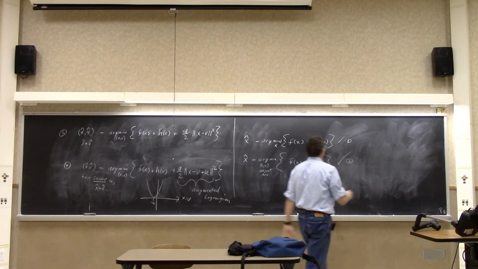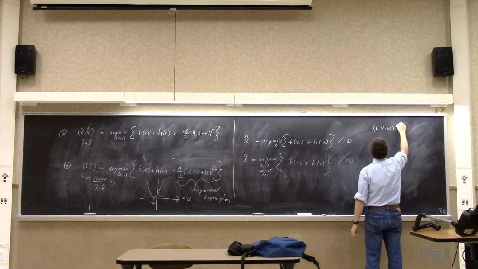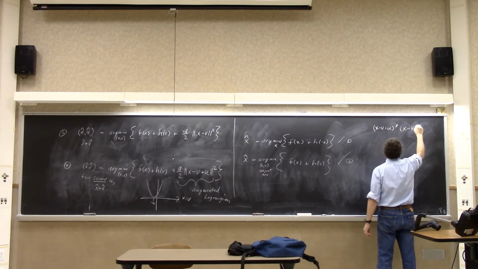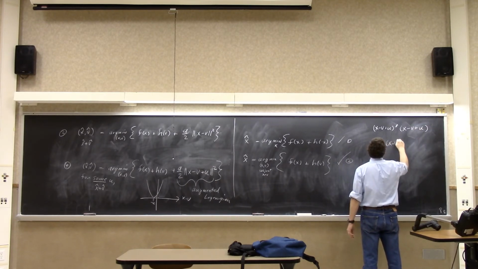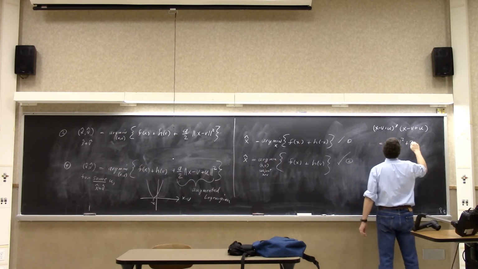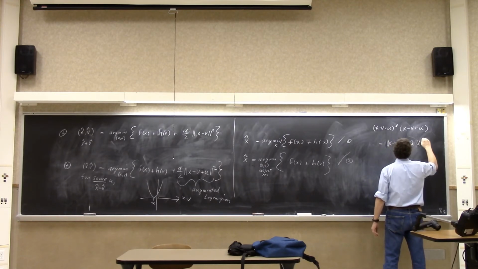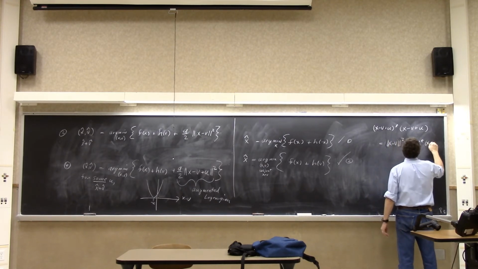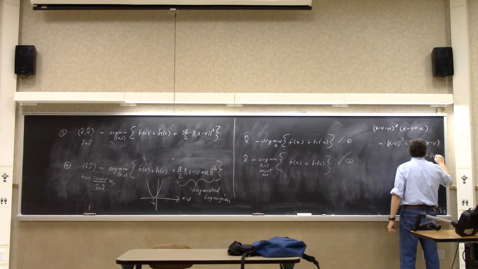And the reason is, if you expand this, you get (x minus v plus u) transpose (x minus v plus u). So that's equal to the norm of x minus v squared, minus 2 u transpose (x minus v), plus the norm of u squared.